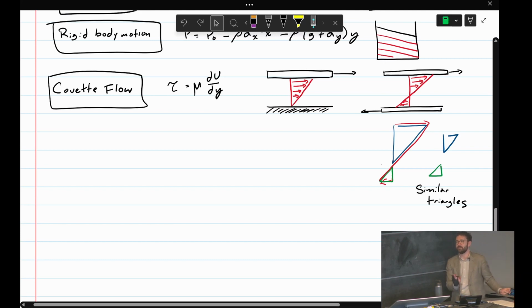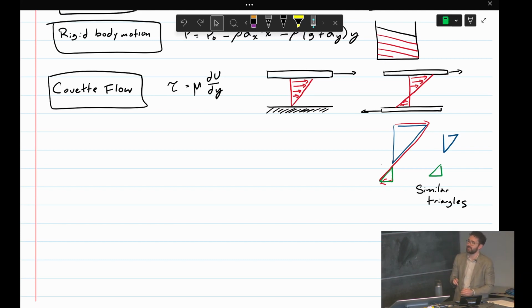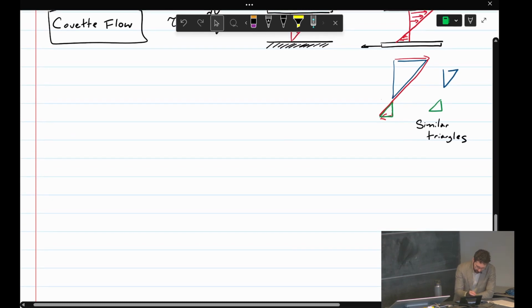Couette flow is, again, not generally true. It's a very, very special case where you have the linear velocity profile. Okay, so we'll talk about shear stress and shear forces and friction forces now.